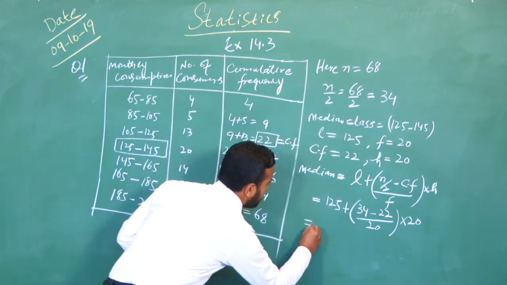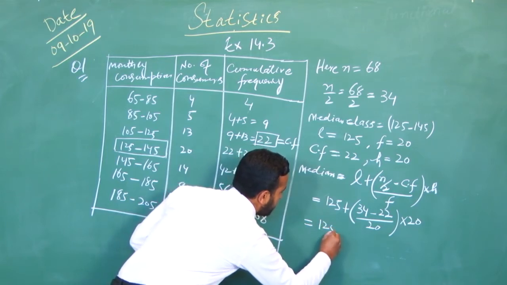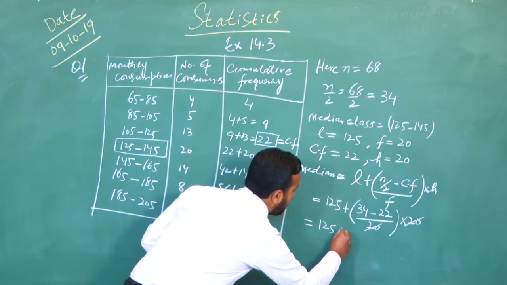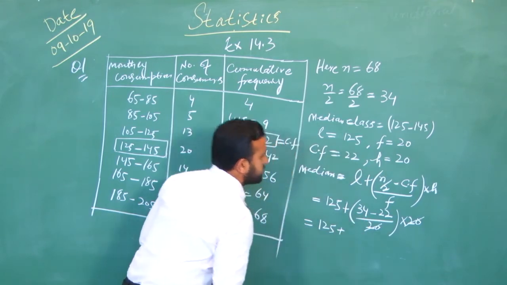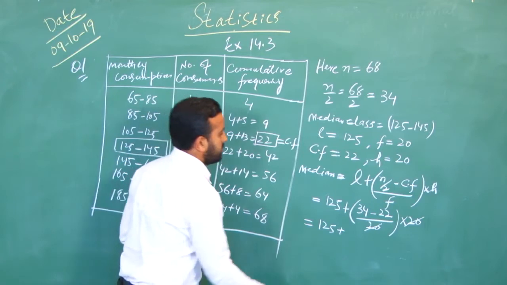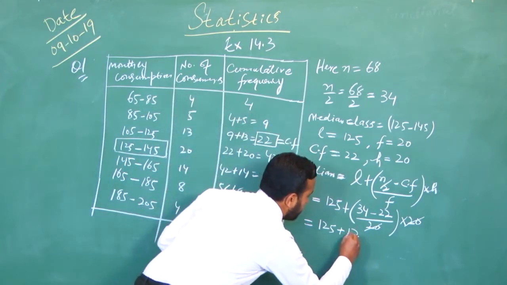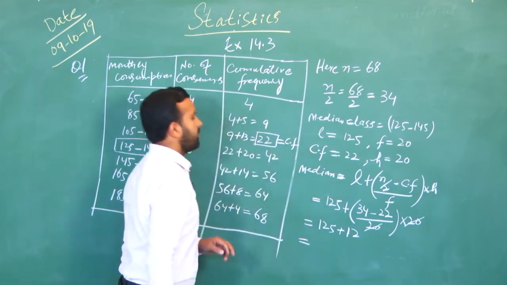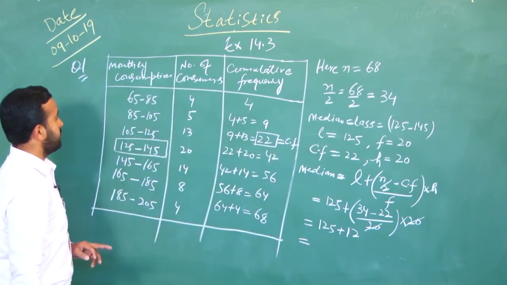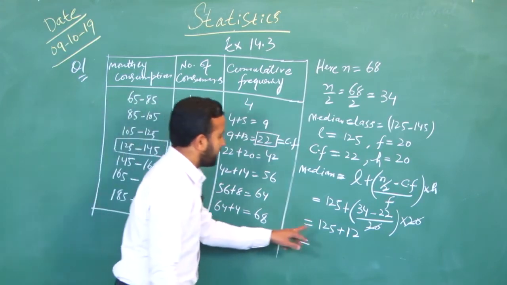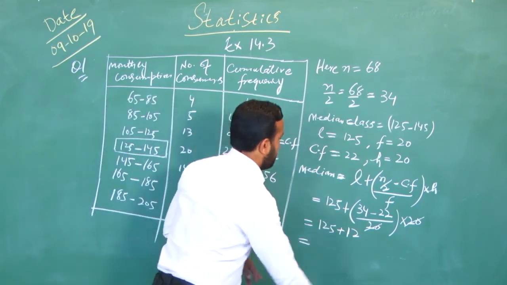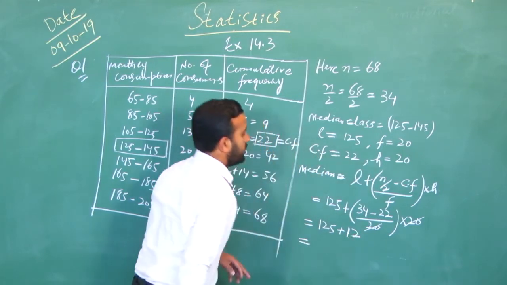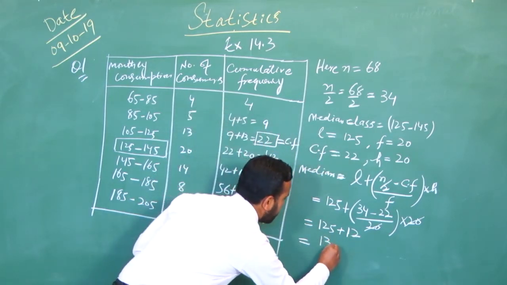Which is further equal to 125, and we can make some cancellations here, 20 and 20, and 34 minus 22 is 12. This gives us the final value, that is the median of the given frequency distribution, 125 plus 12, which is equal to 137.